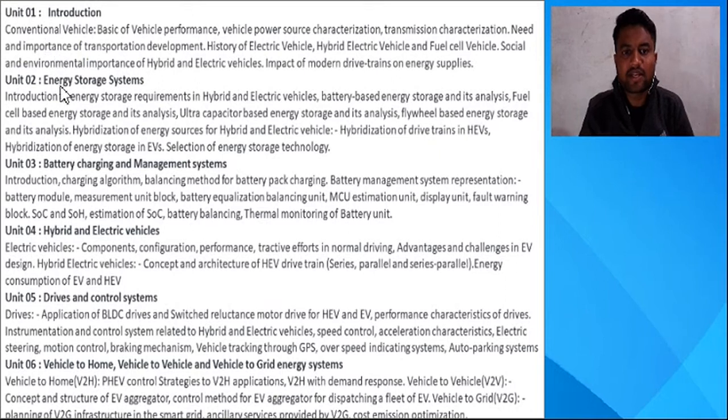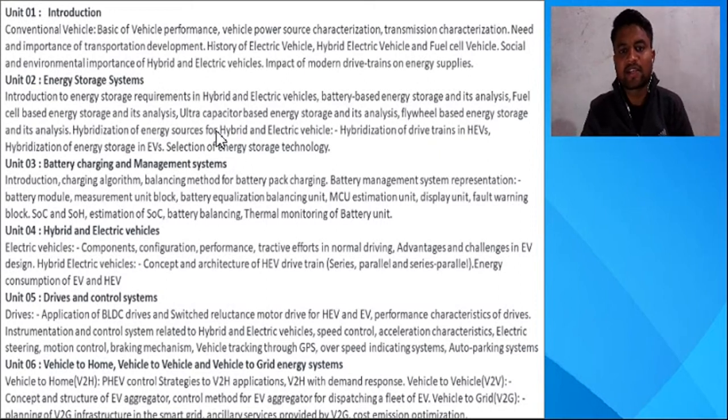The second unit consists of energy storage system, which is an important parameter while designing any electrical vehicle. In energy storage system, we will study various types of batteries. After that, fuel cell technology, various types of fuel cells. Again, the capacitors we are using for storing the charge, that is, nowadays we can replace the batteries by capacitors.